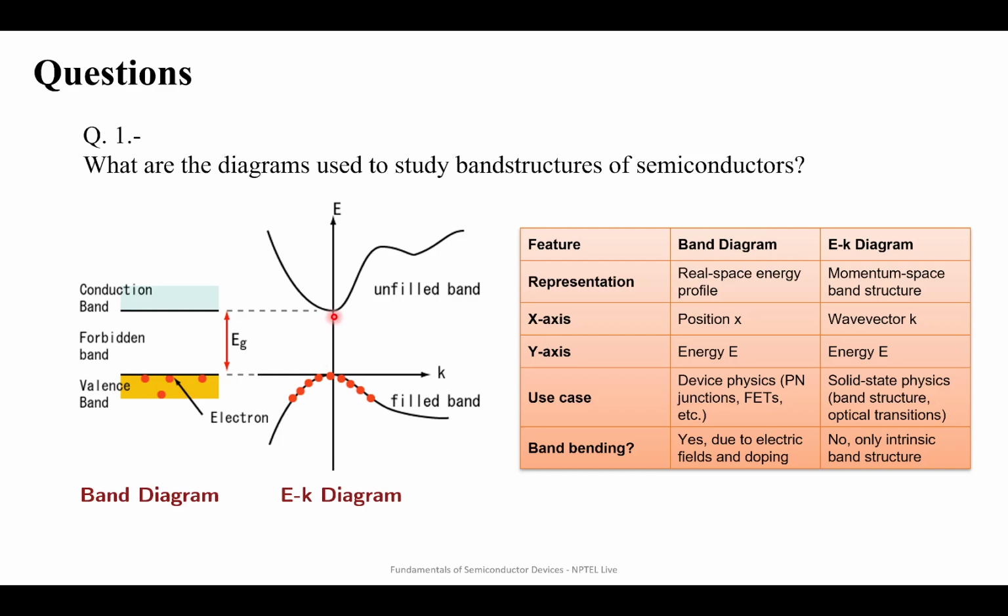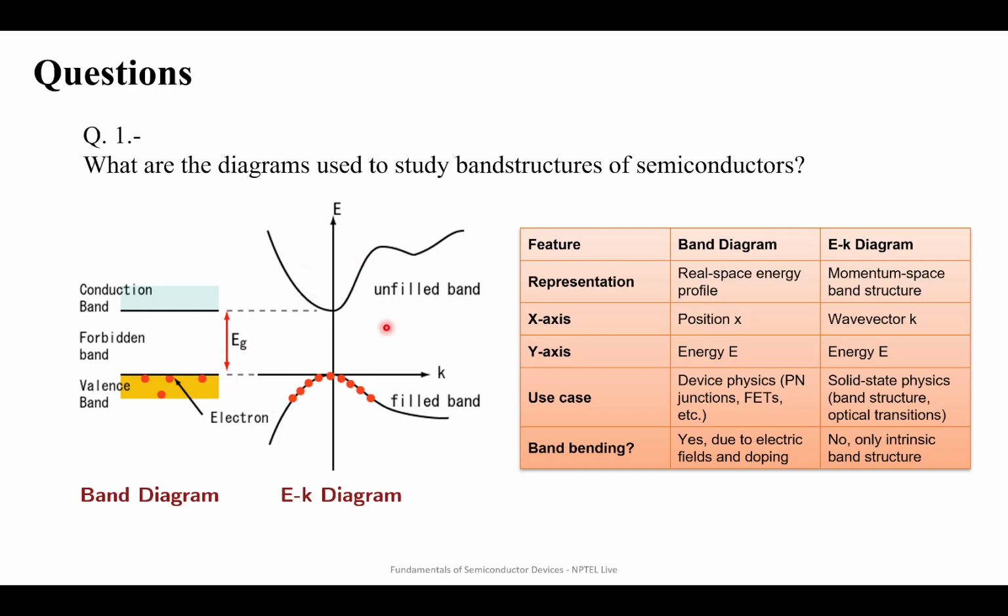The E-k diagram is used to determine the band gap, which is defined as the highest filled valence orbital and the lowest unfilled conduction band orbital. That gap is then used to determine the band gap across our semiconductor, from point A to point B.